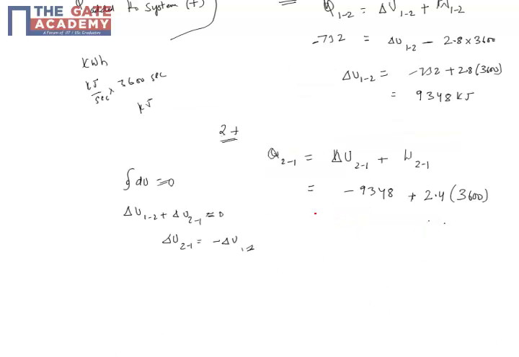So the value we get is minus 708. So heat is removed from the system. So 708 kilojoules flows out of the battery. Okay, so the answer is basically 708.